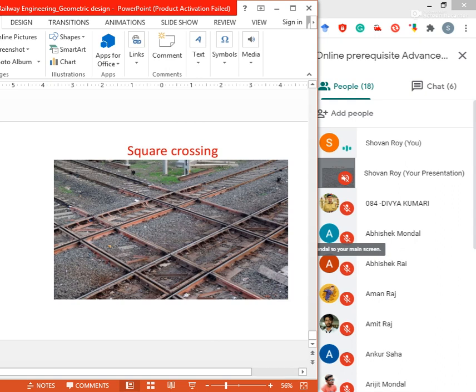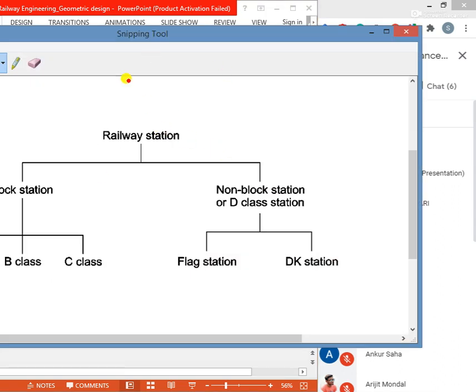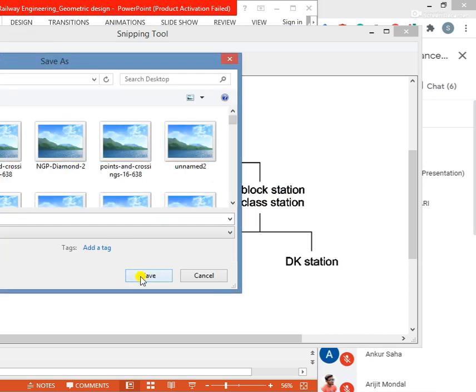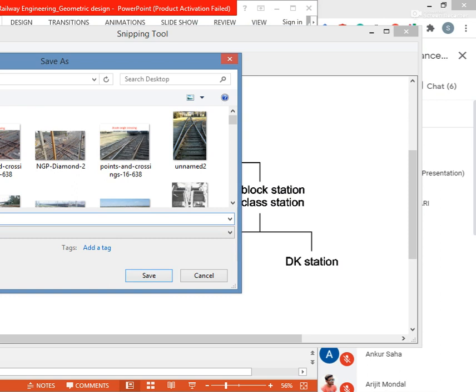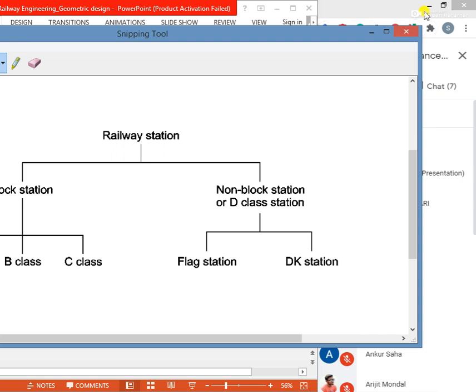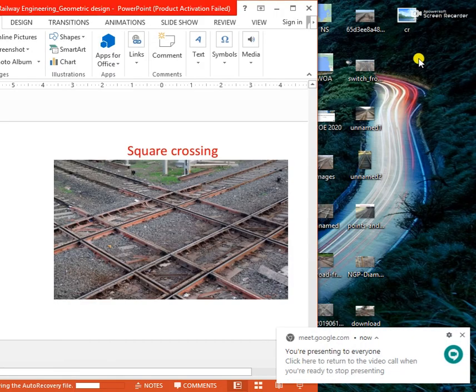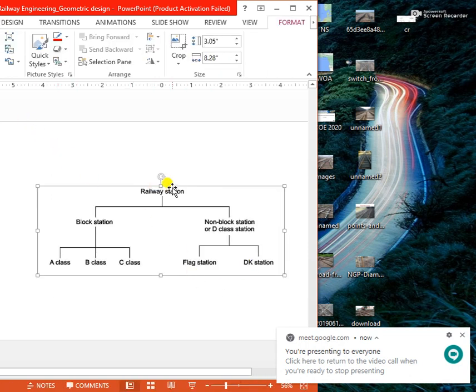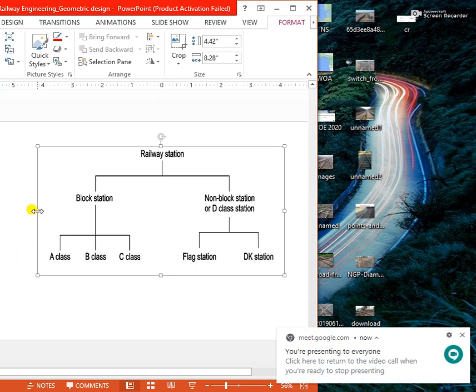I am giving some pictures. This is the classification of railway station.